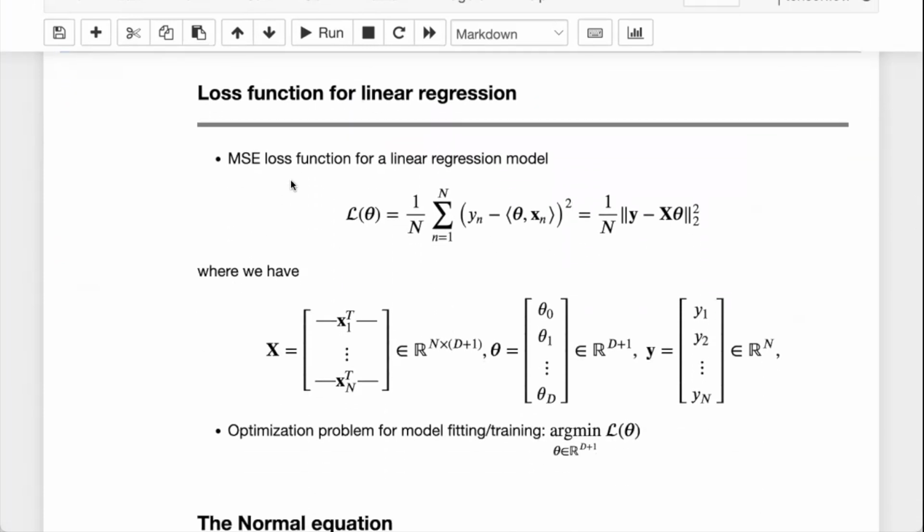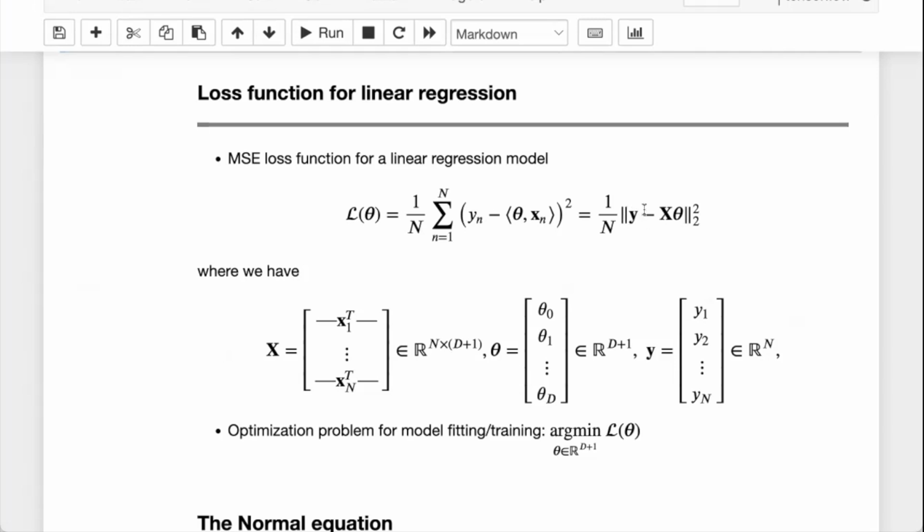In terms of the loss function, defining MSE or mean squared error, we have the same thing. We have the average, which is the sum of residuals raised to the power of 2, divided by the total number of data points. Since we already talked about this, we can find all the predicted values as a vector by multiplying x and theta, and y contains all the true outputs.